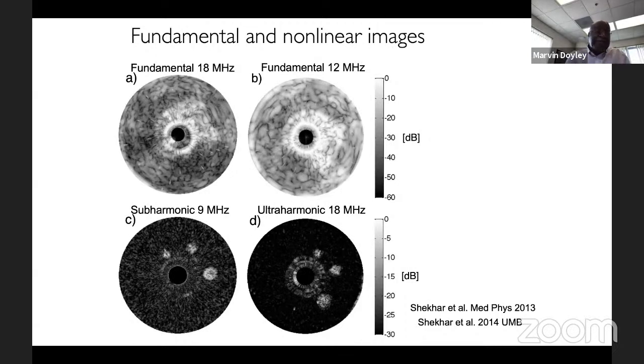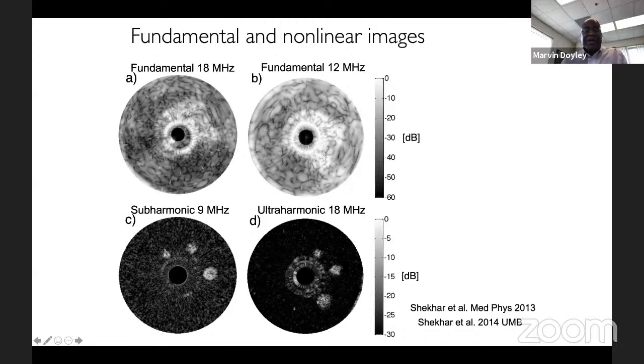So we call half that the subharmonic. You can have first harmonic, second harmonic, third harmonic. As you go to the higher harmonics, the amplitude goes down, but the subharmonic is very, very good because a lot of the time tissues by themselves don't generate subharmonic signals. So here you can clearly see these 3 vessels.